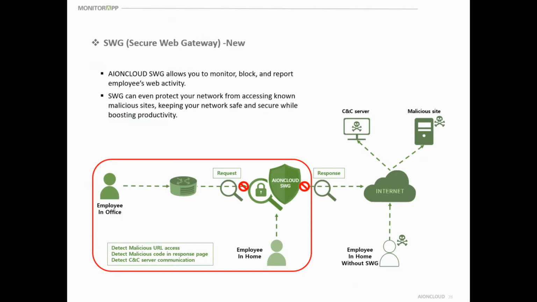So in a diagram, I made a simplified diagram. Inside of the red colored box, the employee in an office and the employee at home can be protected if their internet connection goes through the SWG, because SWG will filter the malicious URL access or malicious code in the response page, and it also filters CNC server communication.